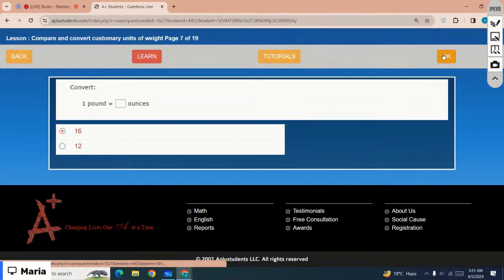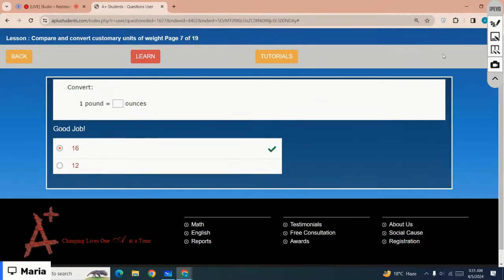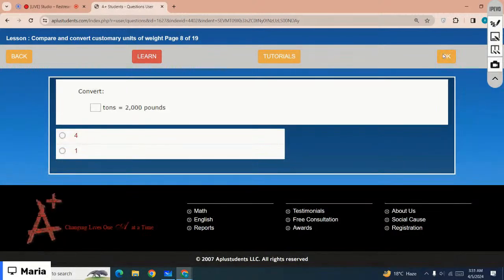Okay, the next one is 2,000 pounds equal how many tons? Yes, that is 1 ton equals 2,000 pounds, right? Okay, you can complete the lesson by yourself later today. Let me just move on to the next lesson.